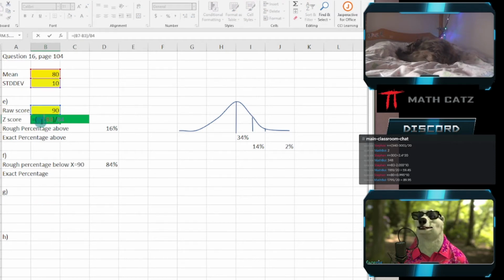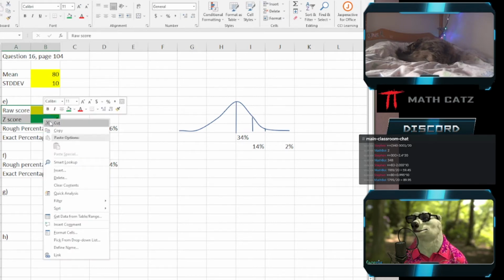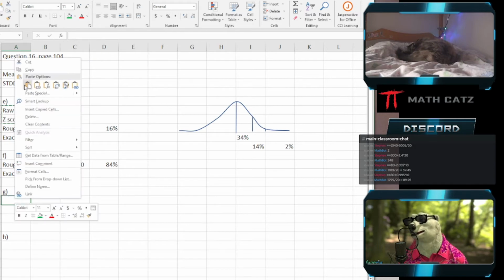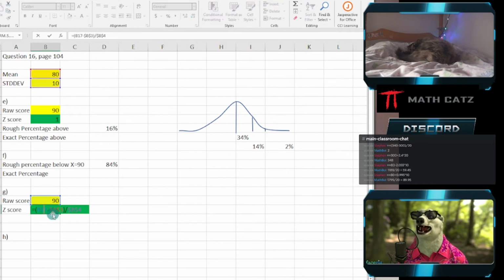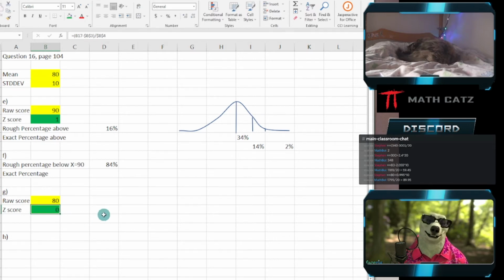I'm going to have a new raw input, but the mean, which is B3, I will fix that cell by putting my cursor in, then pressing F4, as well as the standard deviation cell. Then when I copy and paste this, I see that it is using the same mean and standard deviation cells, but the raw score has moved with me, so that now when I want an 80, the calculation updates, well, of course, to 0, right?